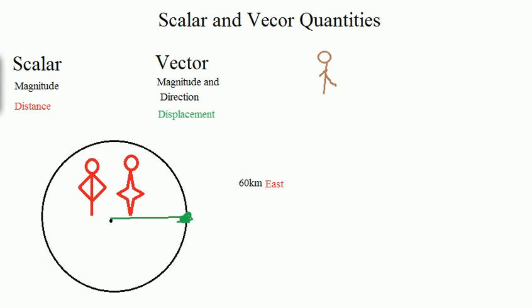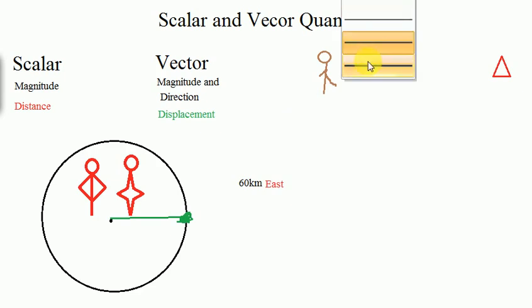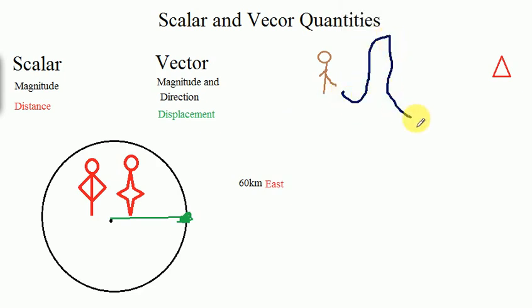Your friend's house is here. But the road to go to your friend's house is like this. It's a very complicated road. So you need to cover this much distance, and this much distance.